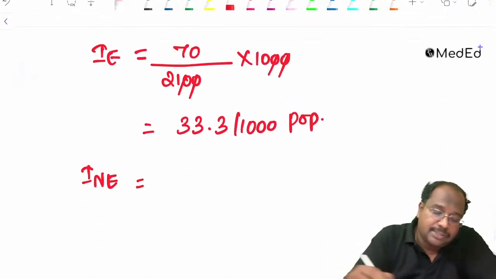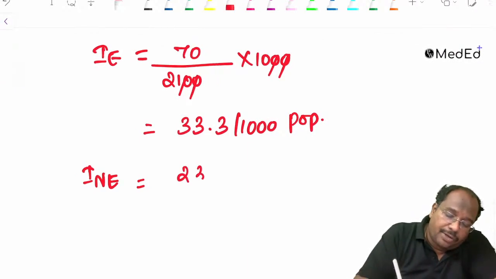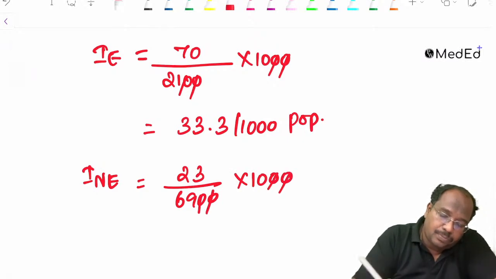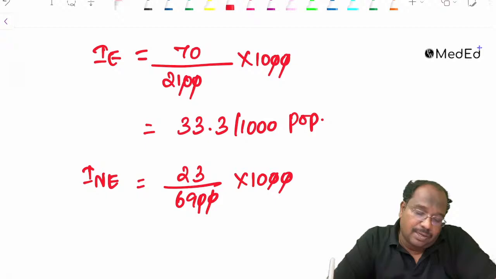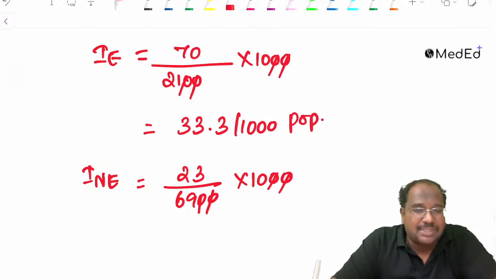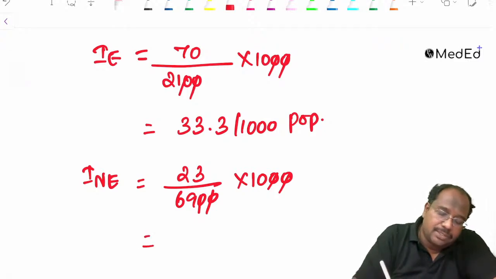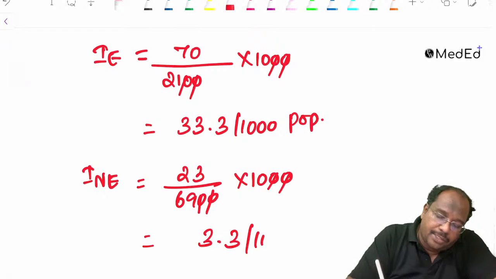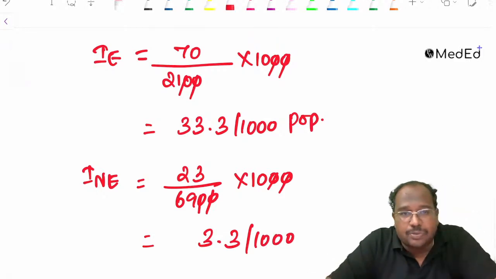So 23 by 6,900 multiplied by 1,000. 230 by 69 comes to around 3.3 per 1,000 non-exposed population.